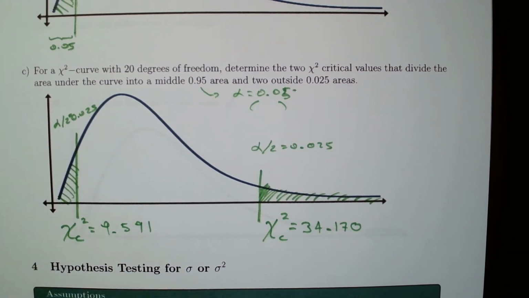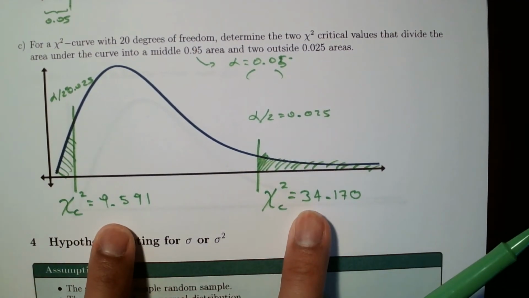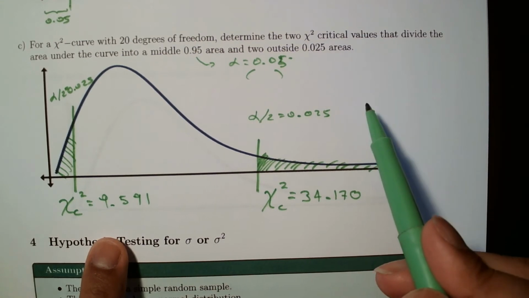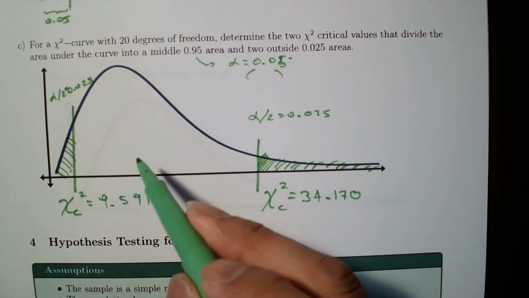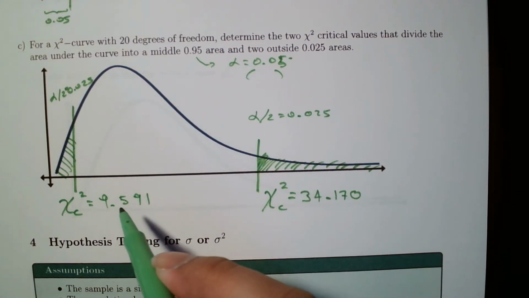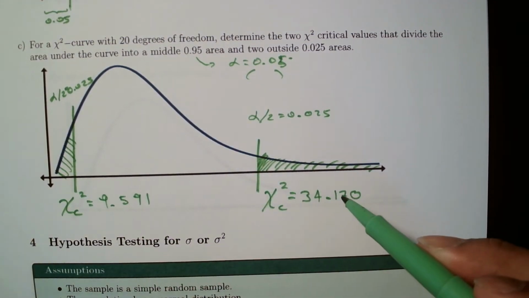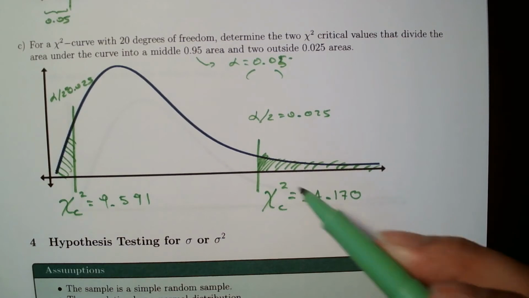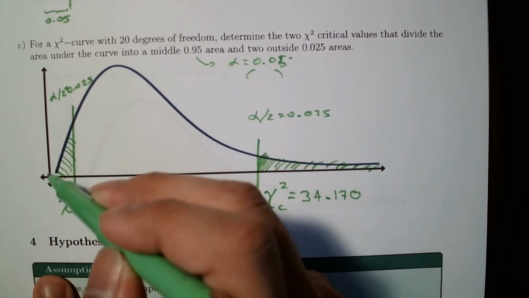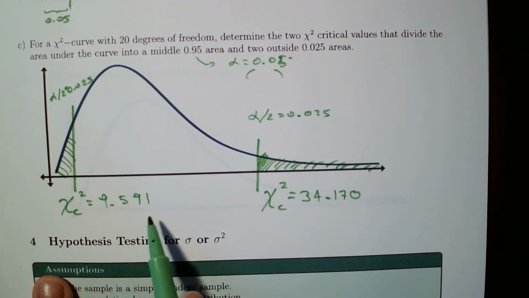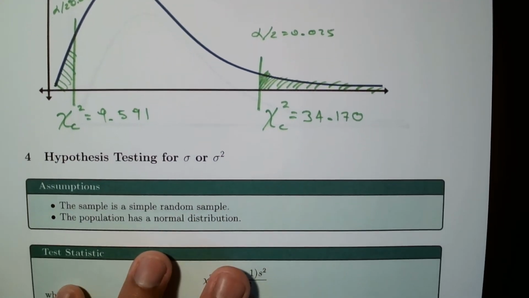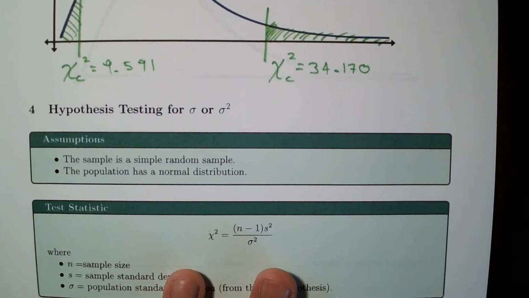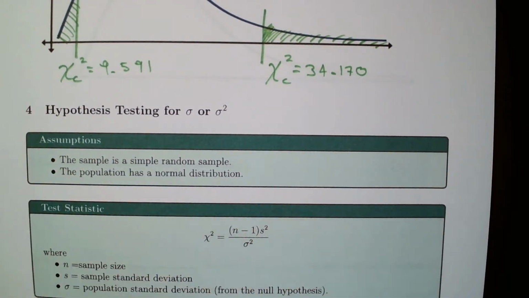These are going to be our bounds, and we compute a statistic value. If it falls between 9.591 and 34.170, then we fail to reject. But otherwise, if it's less than this number or larger than that number, then we have enough evidence to support our claim. So now let's do some hypothesis testing.